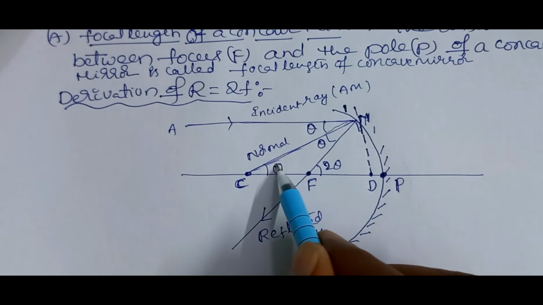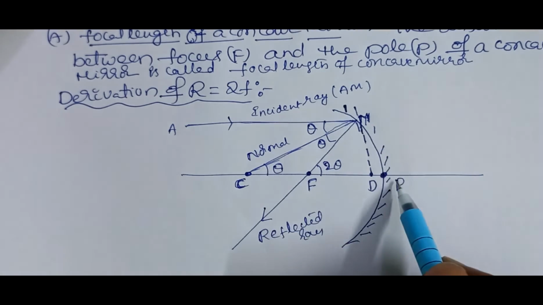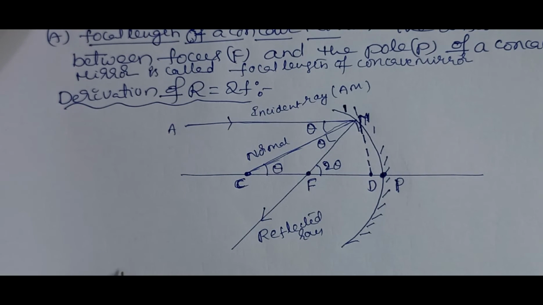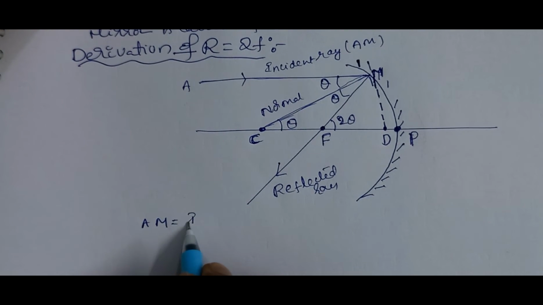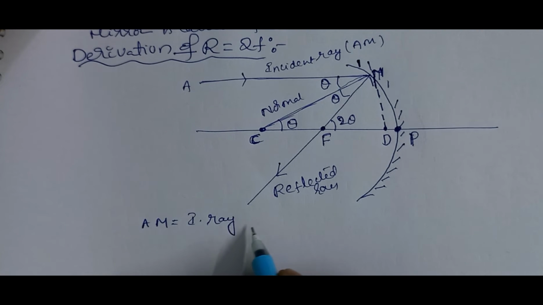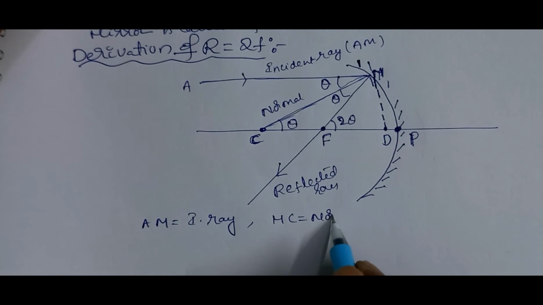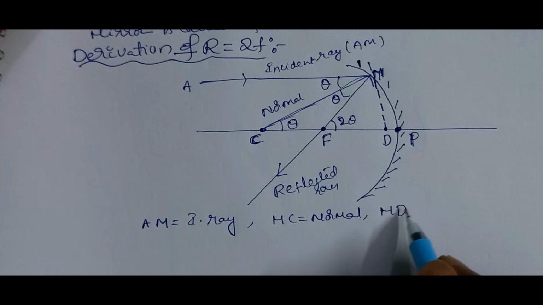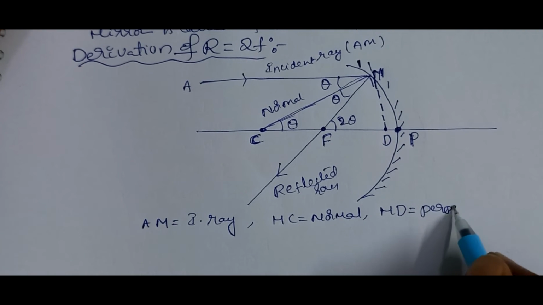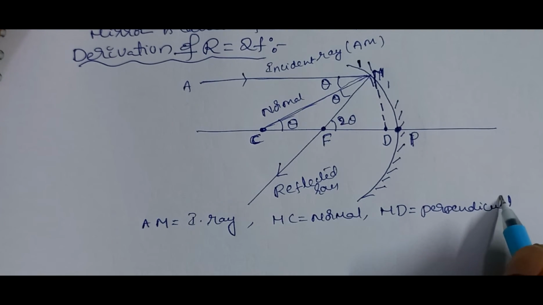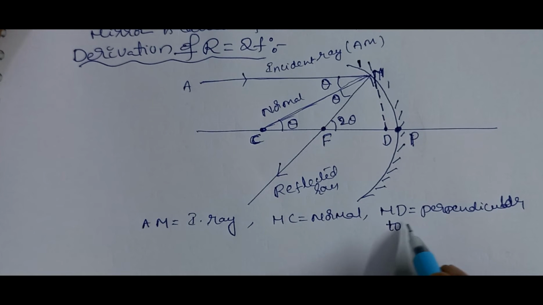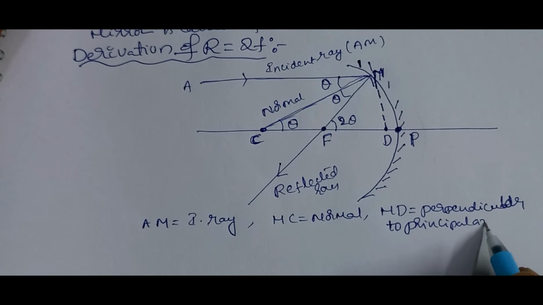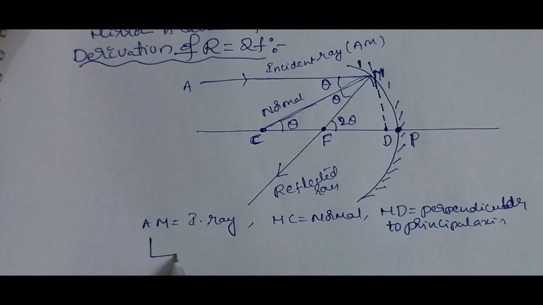then this will be theta. First, AM is the incident ray, MC is the normal, and MD is perpendicular to the principal axis. Now from this, angle DFM is 2 theta.